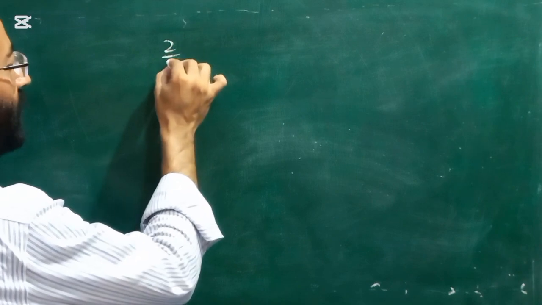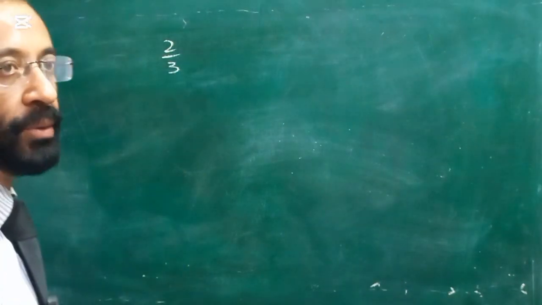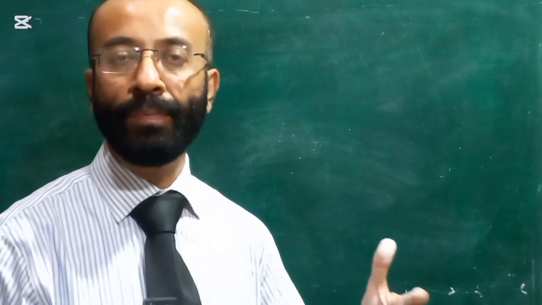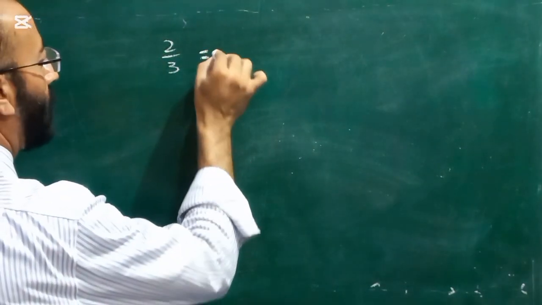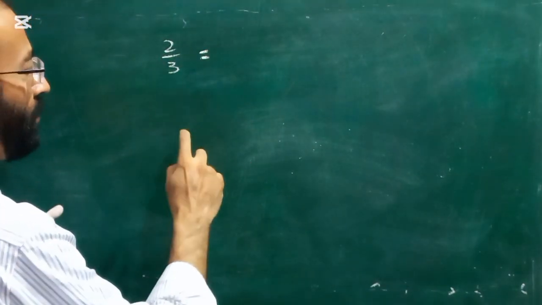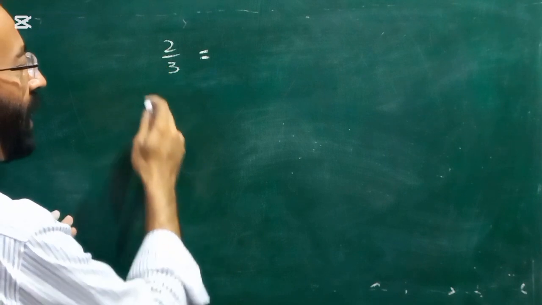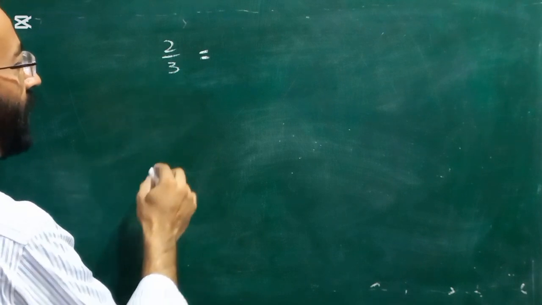Suppose we are given a number that is 2 by 3, and if we are required to find 2 more equivalent fractions of this number, we can solve this. The same number should be multiplied or divided in the numerator and denominator as well.